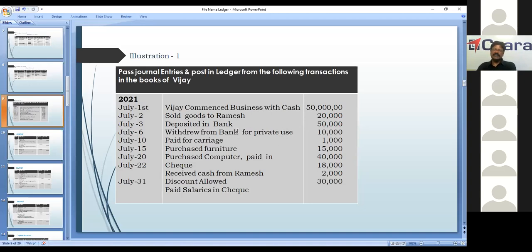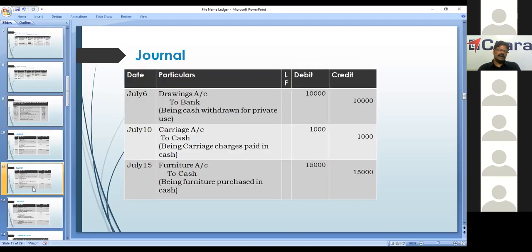What is the entry here? Drawings account debit to bank account. Proprietor is the receiver, so you have to debit drawings. Because banker is the giver, you have to credit banker. So it is drawings account debit 10,000 to bank account 10,000.